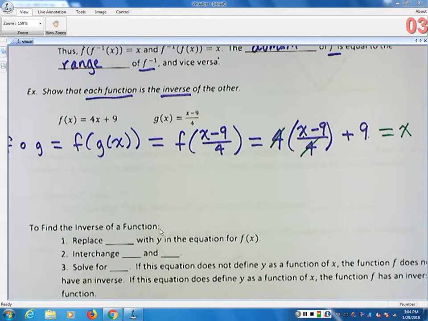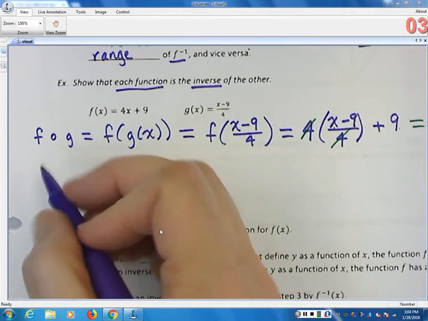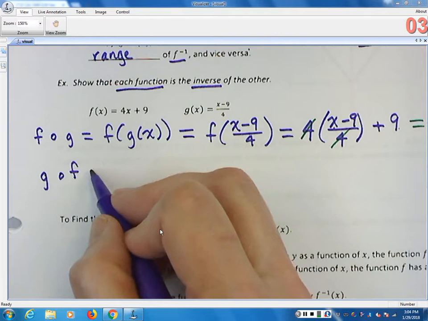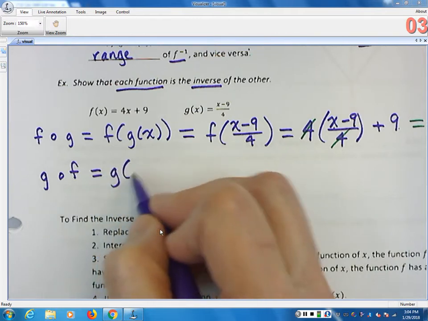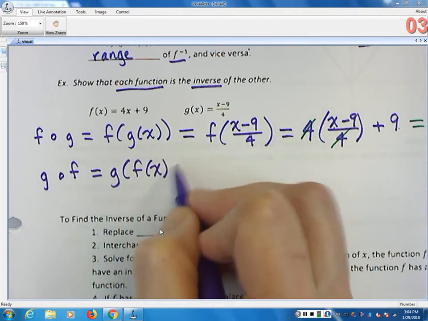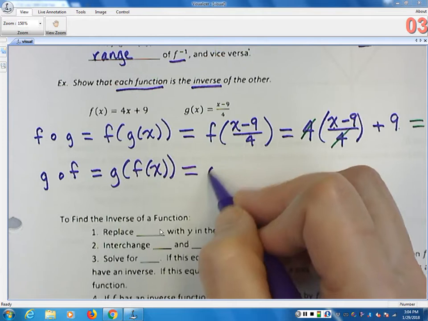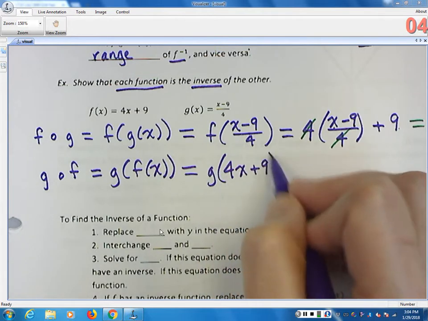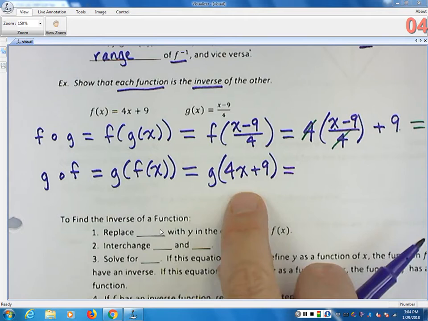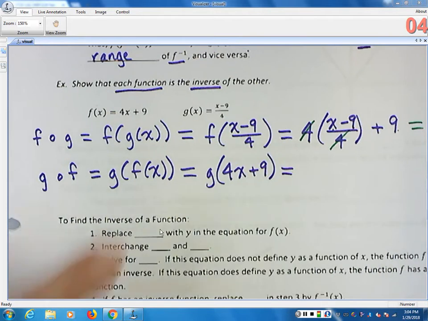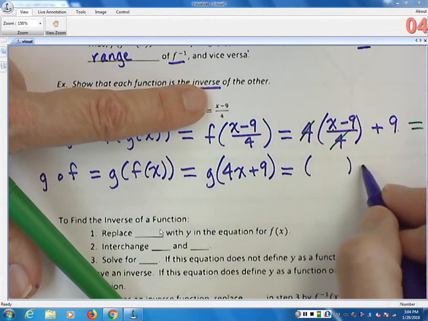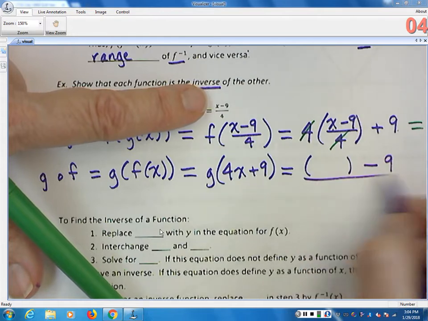And so you show it the other way. g composite f equals g of f of x, which will be g of 4x plus 9. Everywhere in function g where you have an x, you're going to replace it with 4x plus 9.